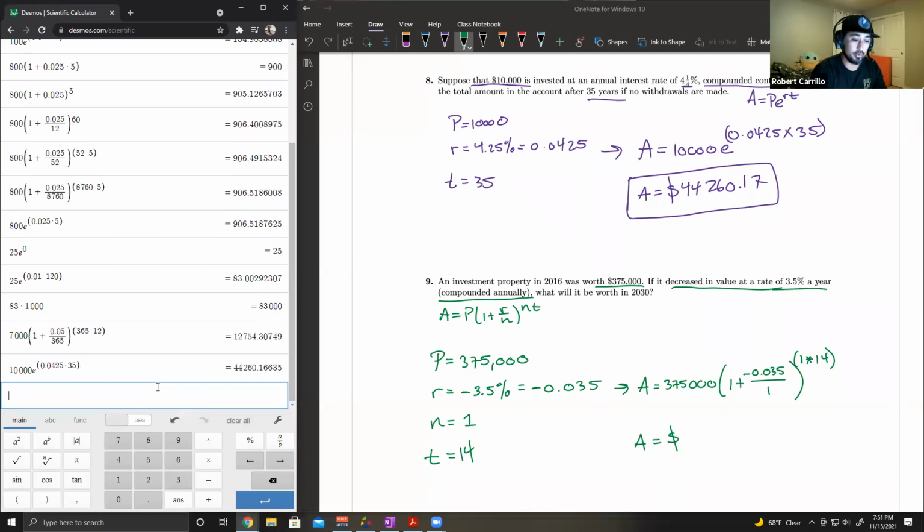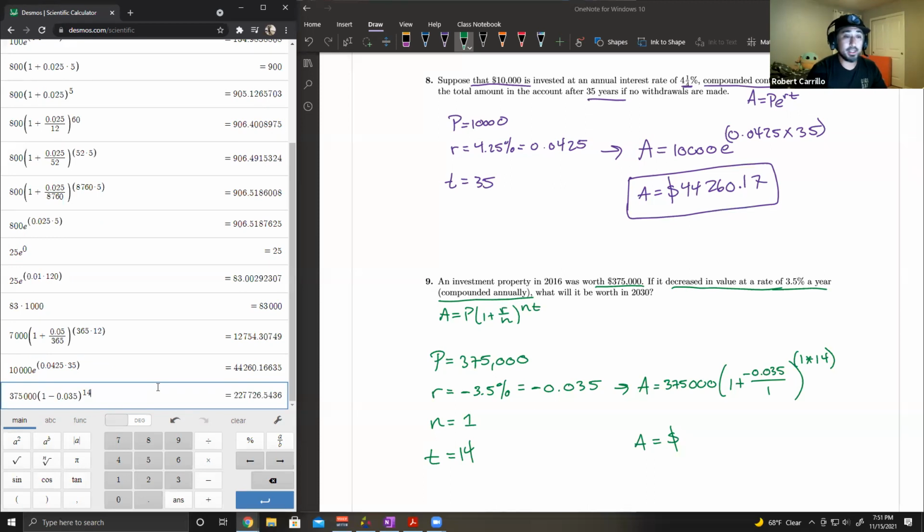So 375,000 times 1, and that's going to be just negative 0.035. So I'm just going to write it as 1 minus 0.035, raised to the 14th.